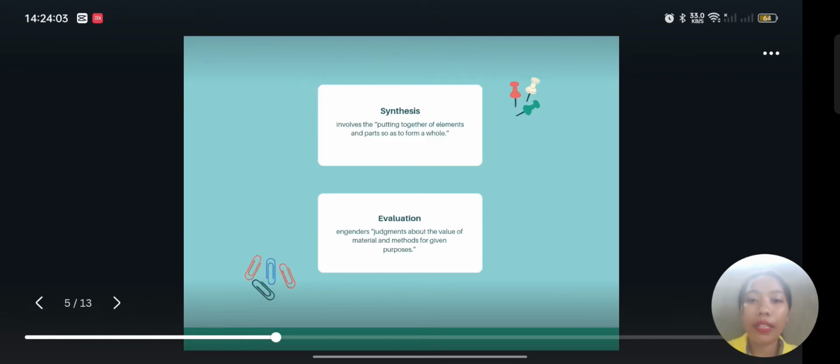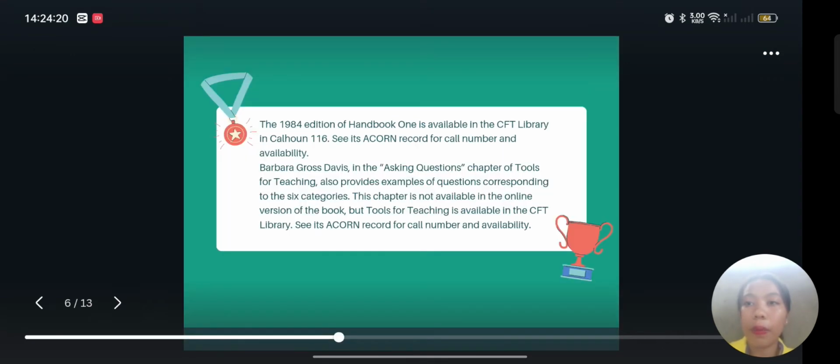The fifth one is synthesis. It involves the putting together of elements and parts so as to form a whole. The last one we have is evaluation. It engenders judgments about the value of material and methods for given purposes.